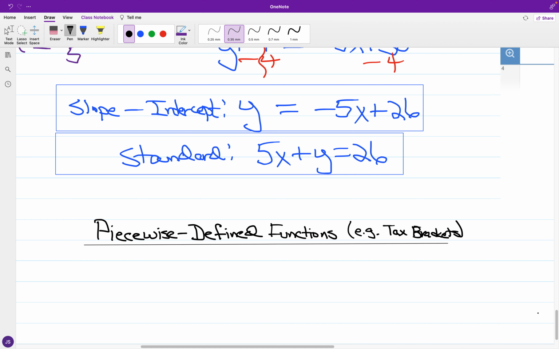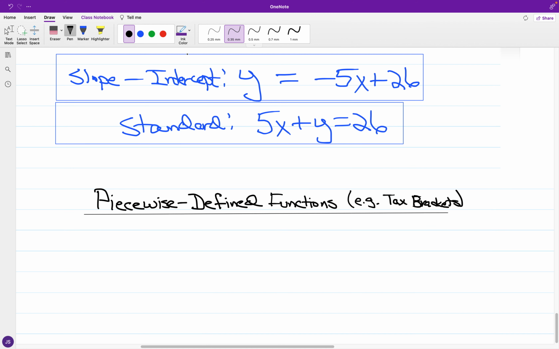Okay. And for piecewise defined functions, you can have a given function f of x, and how the output is arrived at is going to be contingent upon the nature of the input.